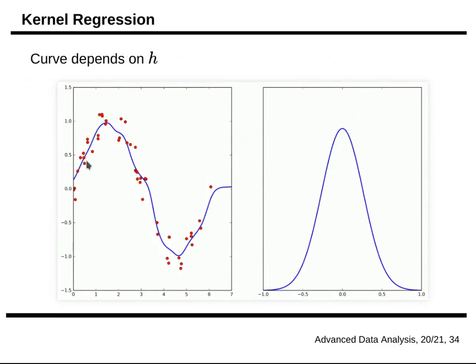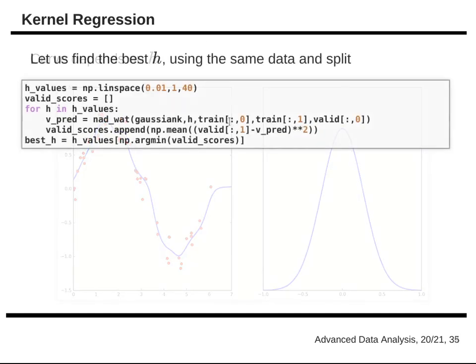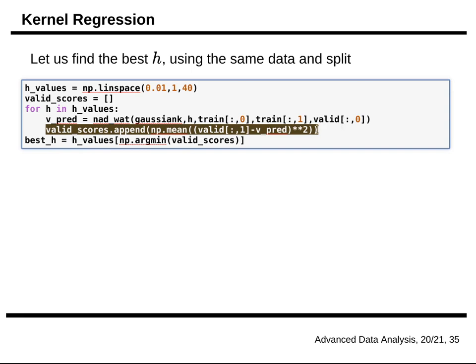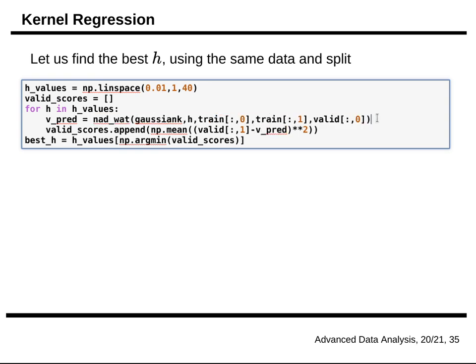Let's say this is a training set, and I'm predicting the values on the coordinates corresponding to the validation set. So I'm giving the Gaussian kernel the h value that I chose in this step in the loop, the training data, and then I'm asking for the estimates on the validation points. And now I'm going to compute the score, which is the mean quadratic error, and I compute the error by the difference between the y values of the validation set and the predicted values that I got from the kernel regression here.